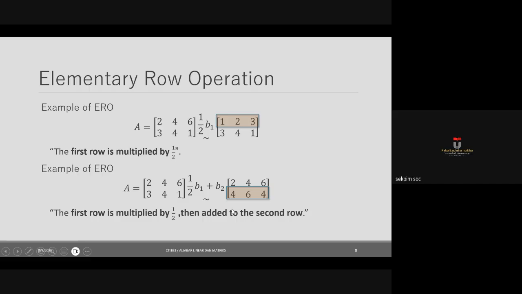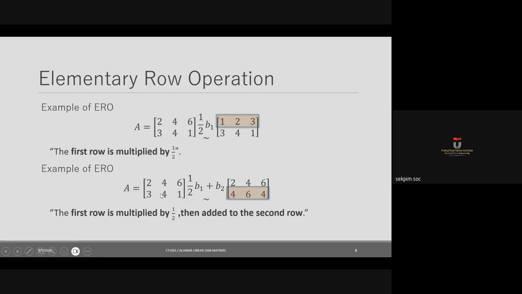So 3 plus half of the first entry of row 1, which is 2, so 2 times half is 1, and 1 added to 3, you get 4.